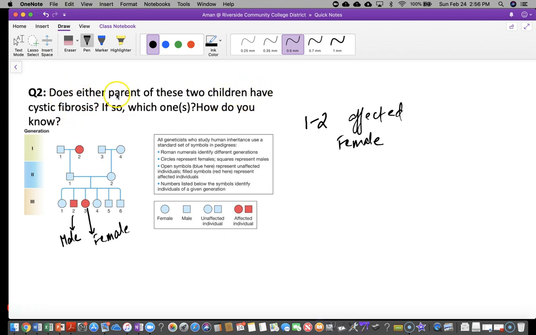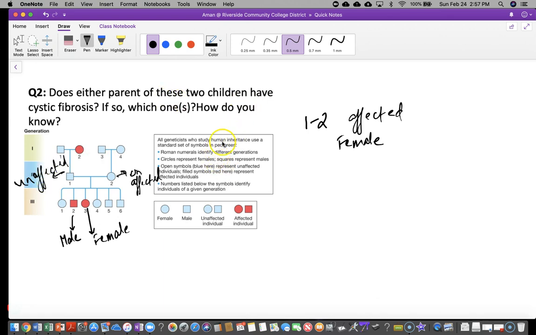So if we ask you, does either parent of these two children have cystic fibrosis? So if you're talking about these two kids, are their parents affected by cystic fibrosis? Then your answer is going to be no, because this is not shaded or it's not colored red. Okay, so these two individuals are unaffected. Okay, this person also unaffected.